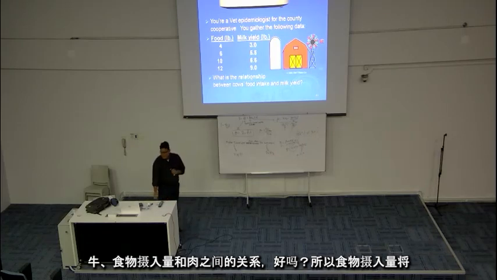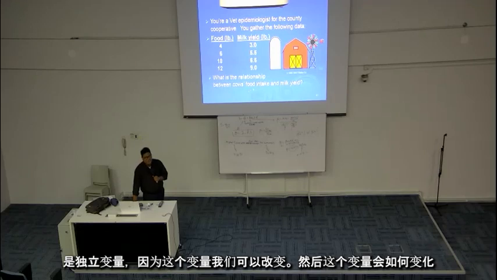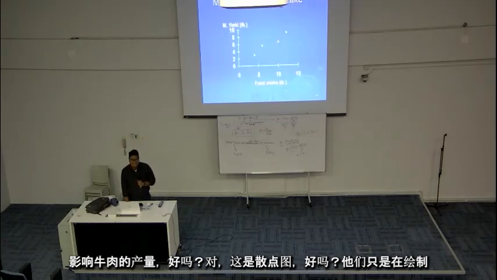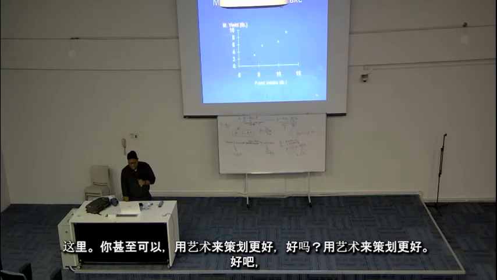The food intake will be the independent variable, because that one we can change, and then how this will affect the milk produced by the cow. This is a scatter plot. They just plotted it here; plotting with R is even better.